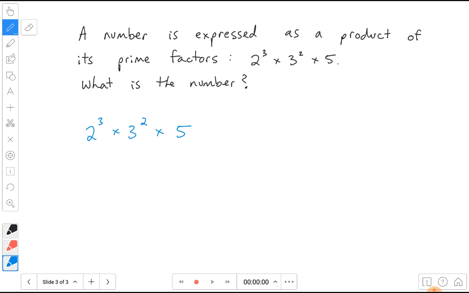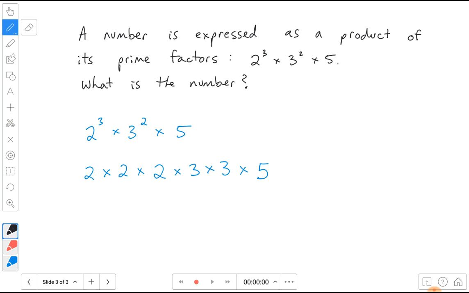2 cubed is 2 times itself 3 times. So we have 2 times 2 times 2. And that multiplies by 3 squared. So 3 times itself twice. So 3 times 3. And that multiplies by 5. So we write 5 here. So this 2 cubed times 3 squared times 5 looks like this if we write it out, and now we can figure out what we have here.